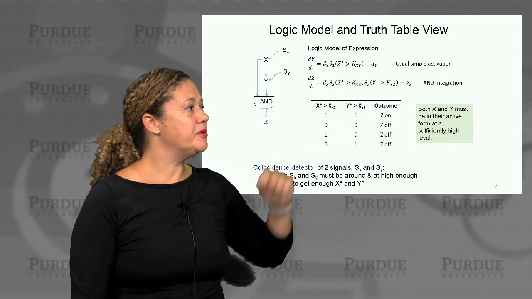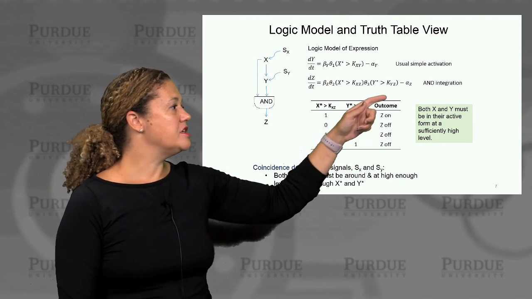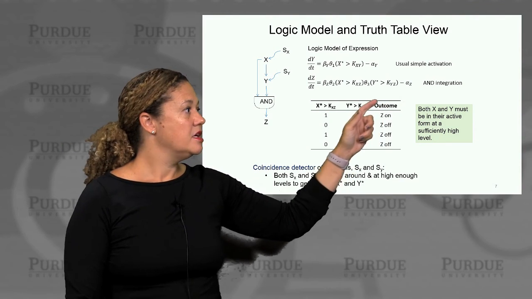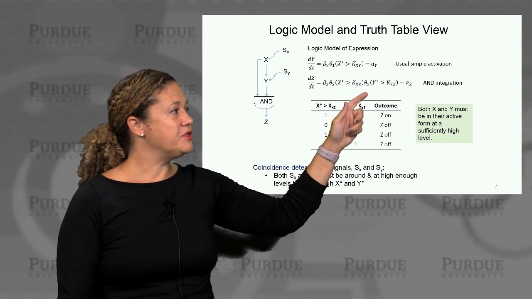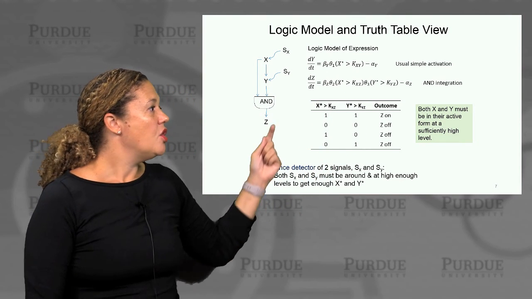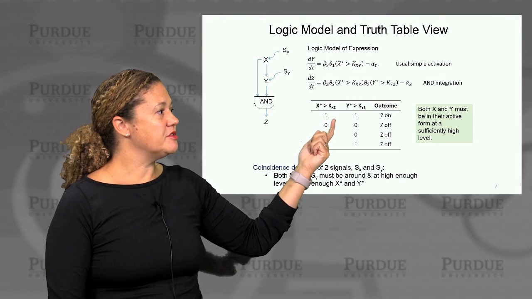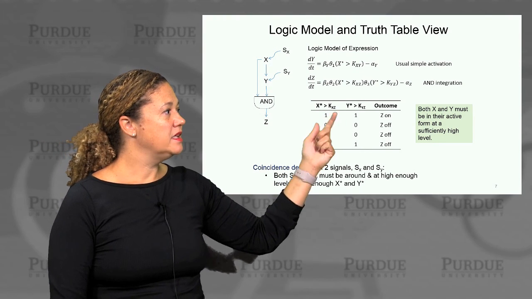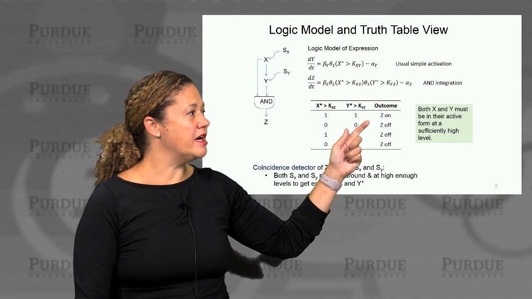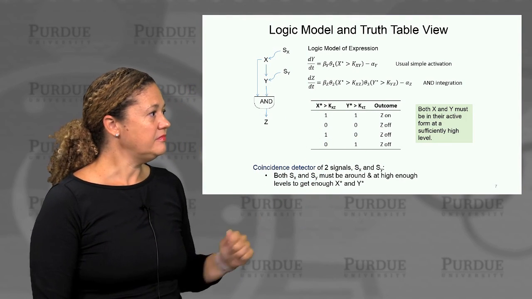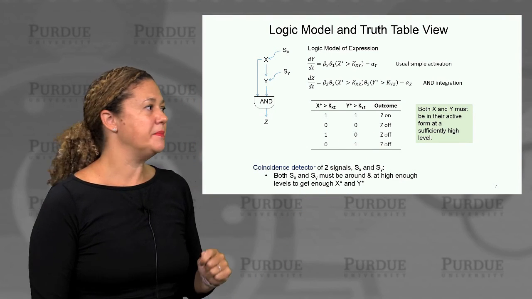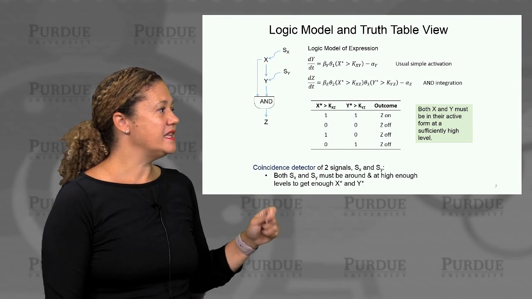And again, we have our familiar term of our decay rate, in this case for Z, alpha sub Z. So both of these statements must be true. So we multiply these, and looking at our truth table then, only when both of these statements are true, represented by 1, is our production term on, and we get an outcome of Z on. So again, both Y and X must be in their active form at sufficiently high levels.